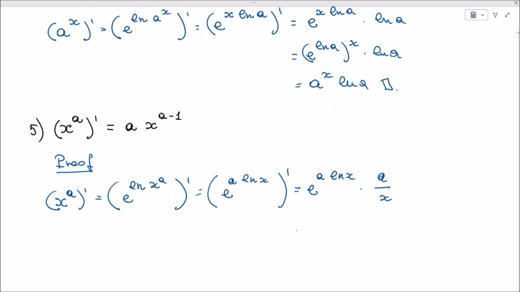So this is e to the logarithm of x all raised to the a times a over x, which is simply x to the a divided by x, which again is x to the a minus 1 times a. Which concludes the proof.